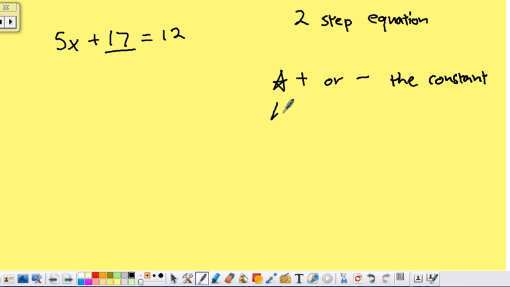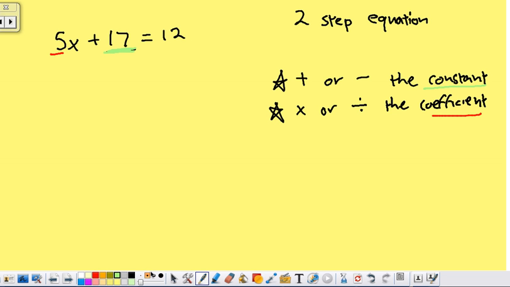The next step is to multiply or divide the number that is the coefficient, which in this case would be this other part right here. I should do the constant in green. Let's do the constant in green. There we go.